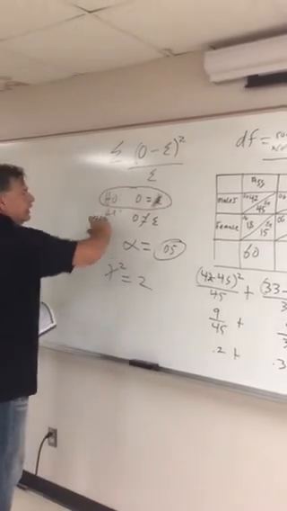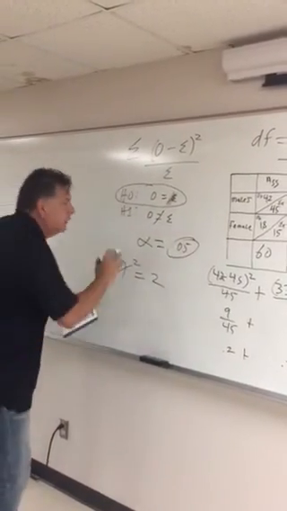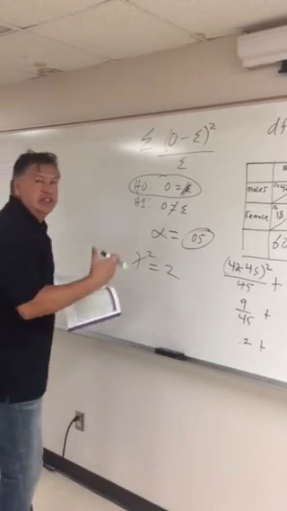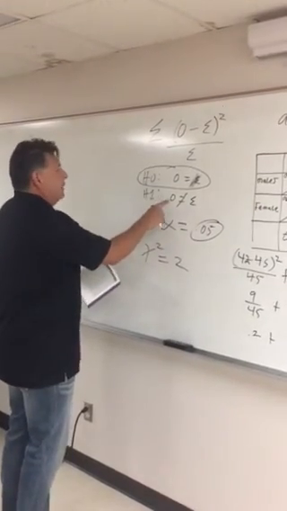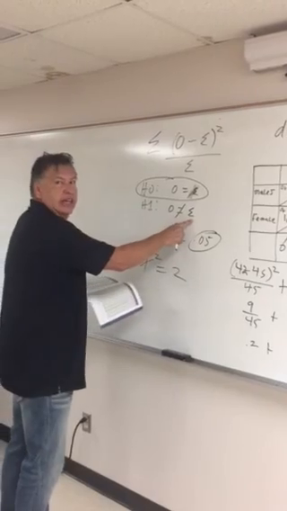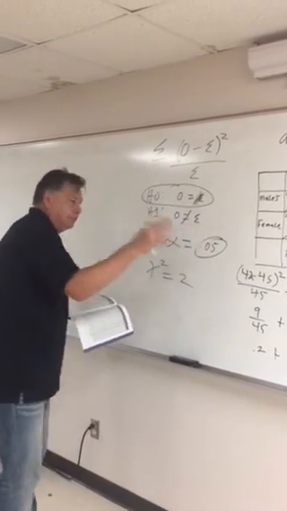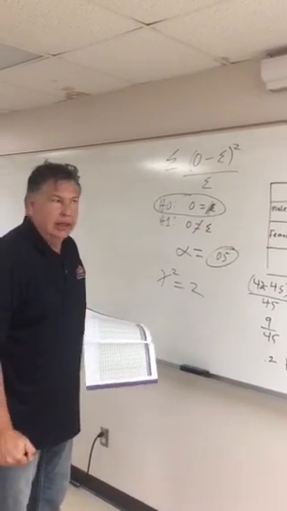I can't draw an X through it. I basically have to say that there is no significant difference between the observed values and the expected values. So that is the chi-square, and that's how to do it.